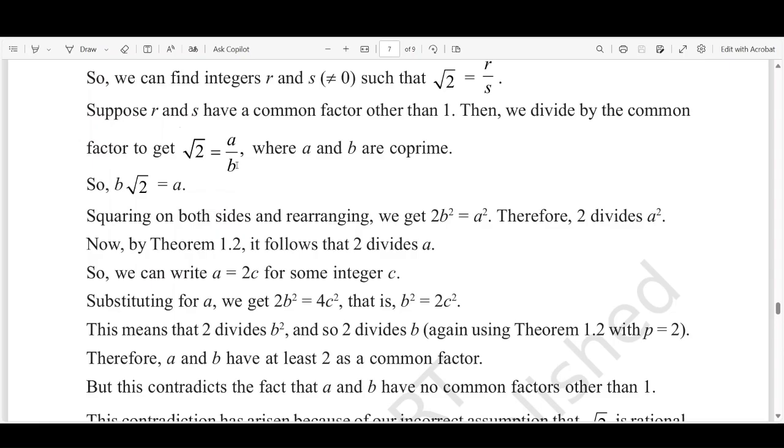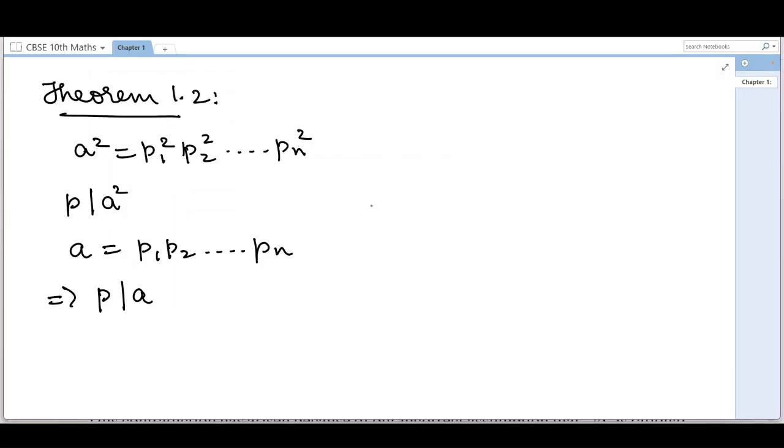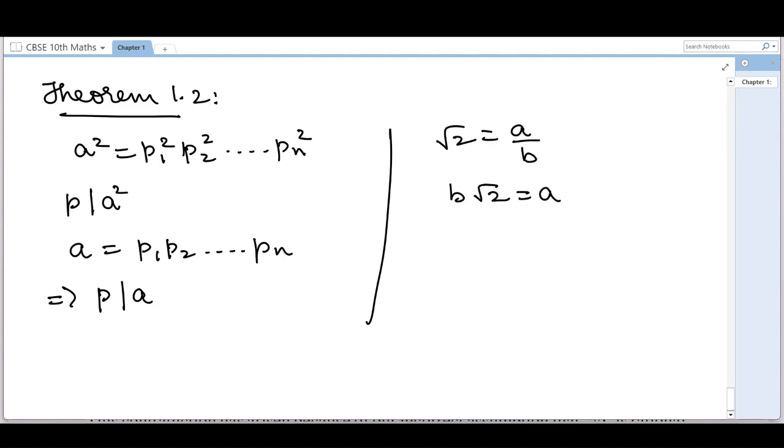So here root 2 equal to a by b can be rewritten as b into root 2 equal to a. According to the definition of rational numbers, this a and b should be integers, right? So a is an integer, right?